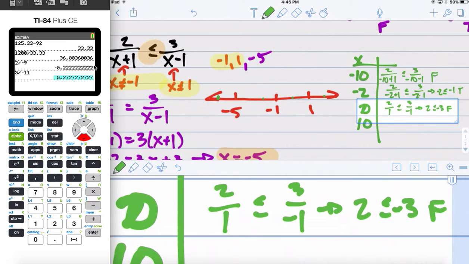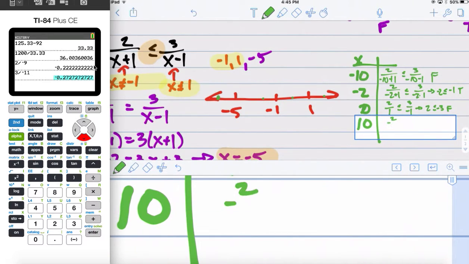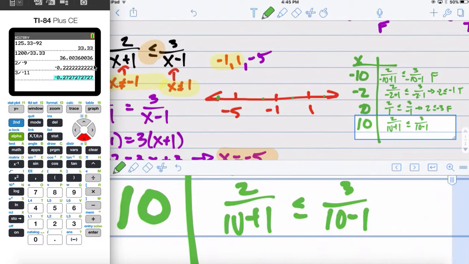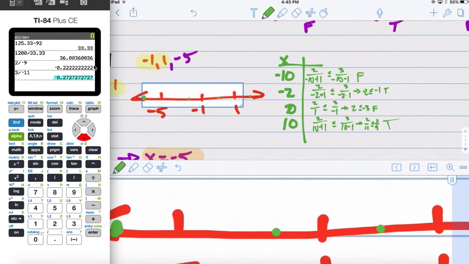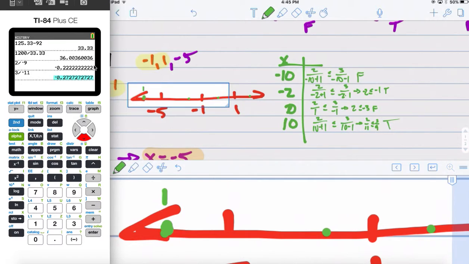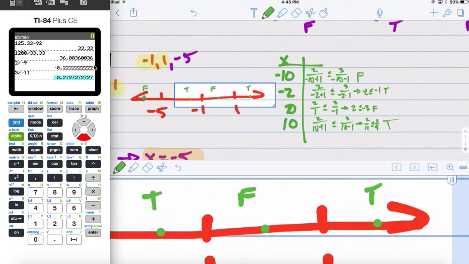That is false. Check 10. 2 over 10 plus 1 is less than or equal to 3 over 10 minus 1, and so that says 2/11 is less than or equal to 3/9, and that is true. Okay, so we are false, true, false, true.